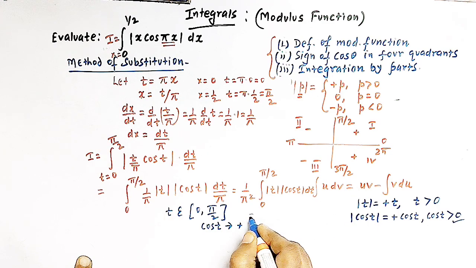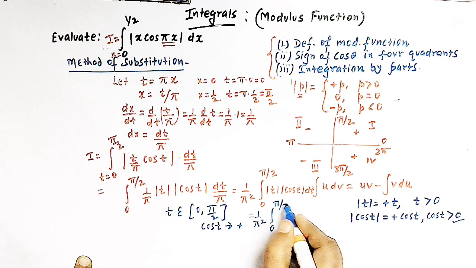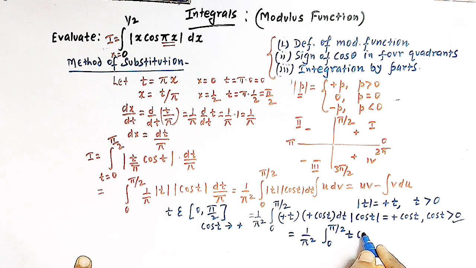So we can now write 1 over pi square, here we have 0 to pi by 2, mod of t is positive t, and mod of cosine t is positive cos of t, and here we have dt. So now we have 1 over pi square, 0 to pi by 2, and we have t times cos of t dt. Now here we can see that this is the product of two functions of t.